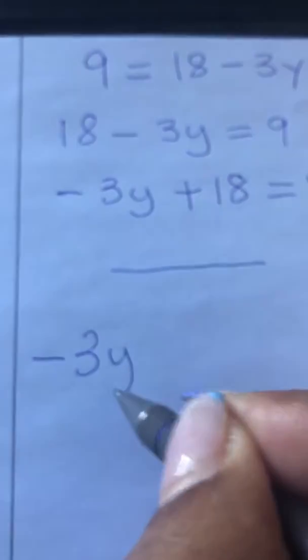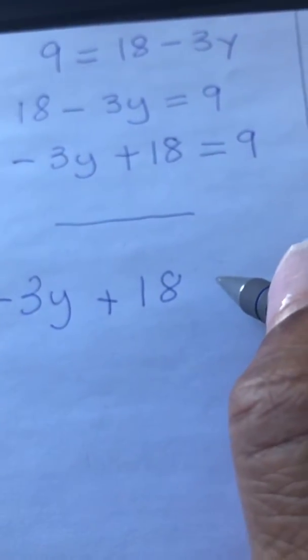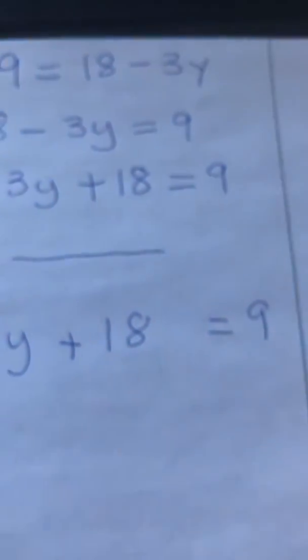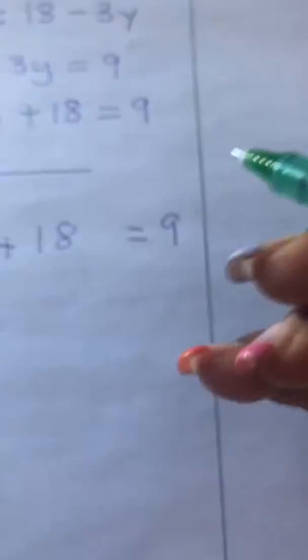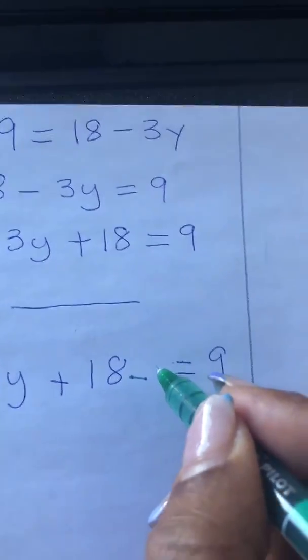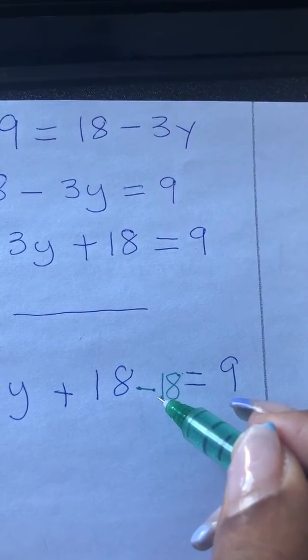So minus 3y plus 18 equals 9. And so what we're going to do here is I'm going to minus 18 here, because we know plus 18 is going to minus 18 to get rid of it.